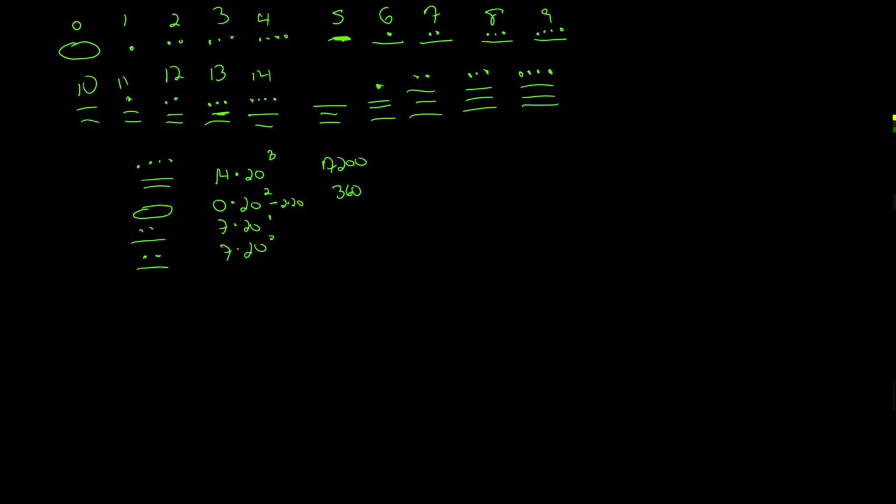And let's see, 20 cubed would be 8,000. So now they're minusing 20 times 40. And so there's a subtractive on this.